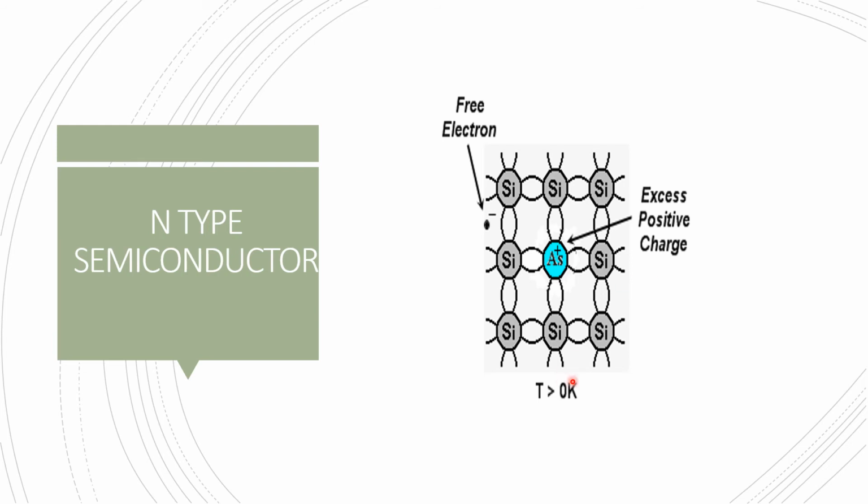The conductivity of this material doped by arsenic is due to the motion of electrons having negative charge. That's why this is called an N-type semiconductor.